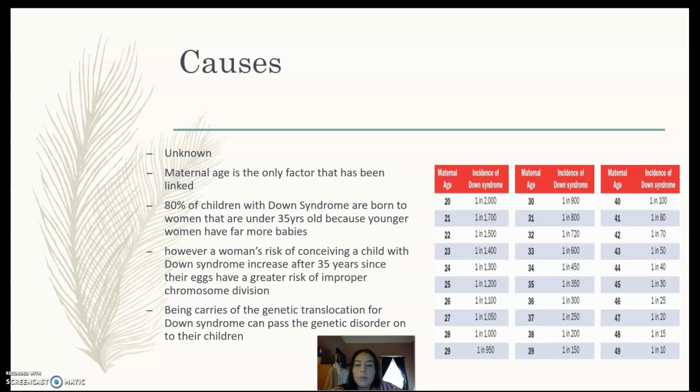Being a carrier of a genetic translocation can also be a linked factor, and they can pass it on to their children. Here I put a chart of maternal age and the risk of a woman having a child with Down syndrome. As you can see, the older they get, the higher their chances of conceiving a child with Down syndrome.